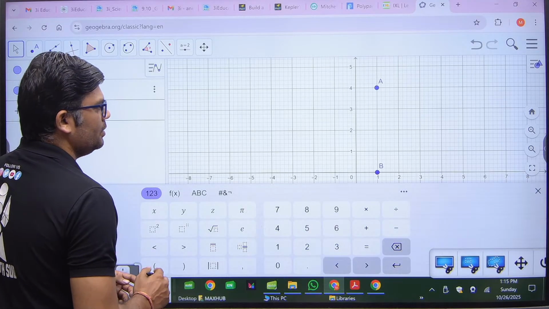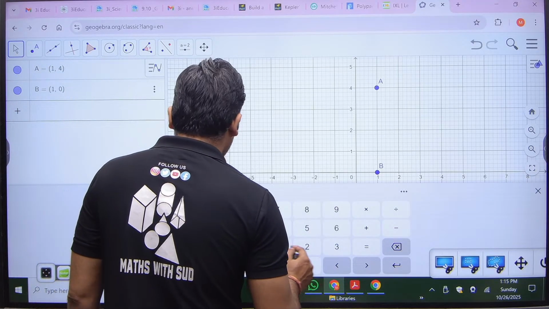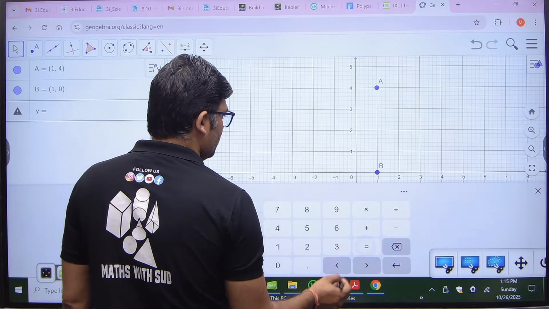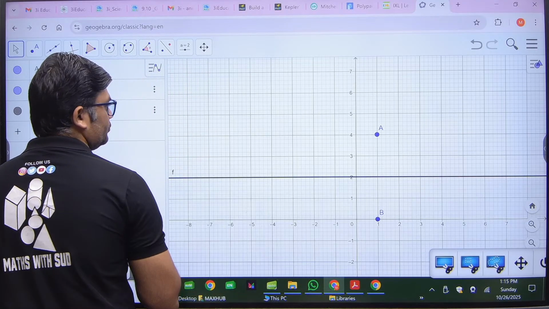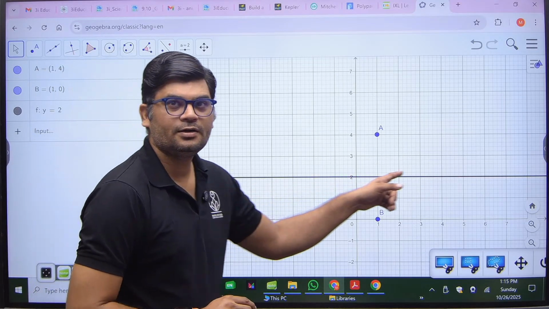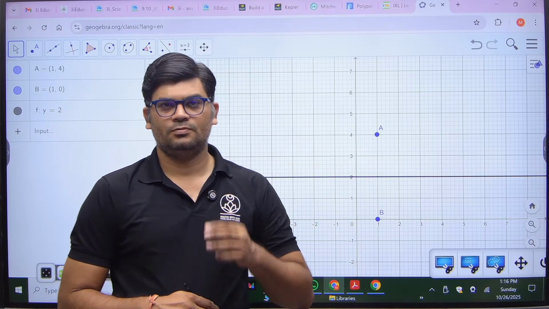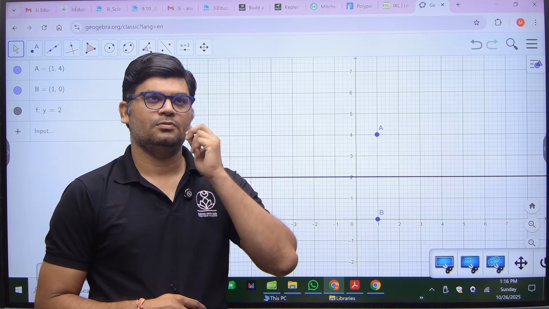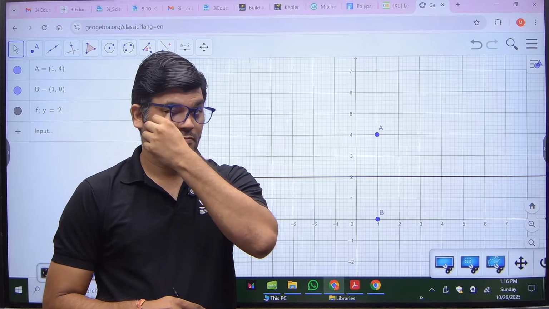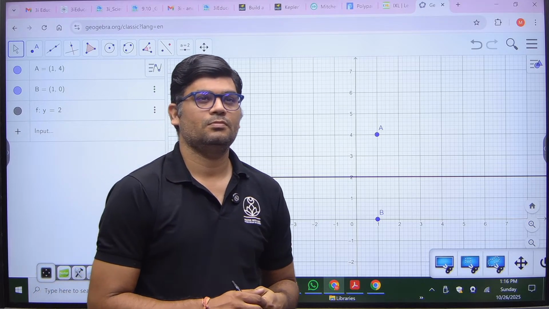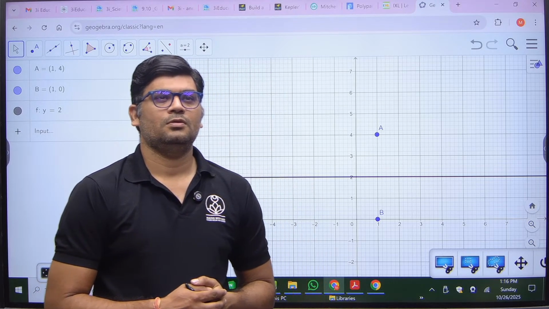So it will be y is equal to 2. Can you see that? Yes. Write down y is equal to 2. Small y, my dear. Yes.